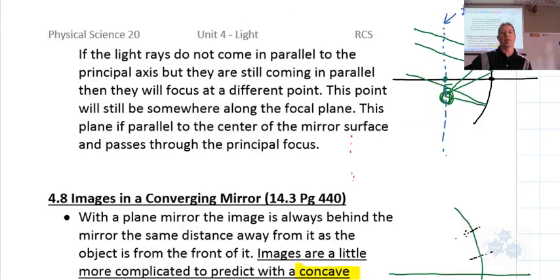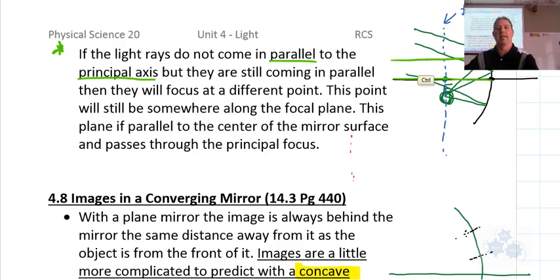All right, so as we move through, here's a little note here, I guess. If the light rays do not come in parallel to the principal axis, so remember we talked about light rays coming in parallel to the principal axis, travel through the principal focus. If they do not travel parallel, and that is always equidistant from this line, so they travel like this.